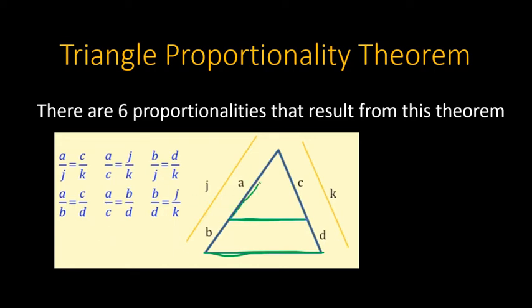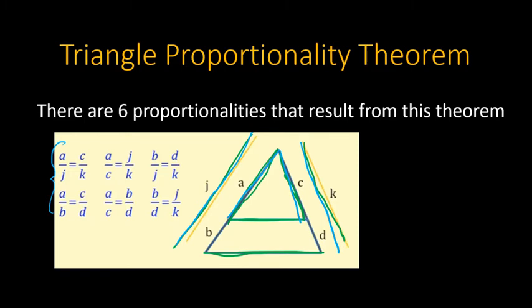We could say that if you take A, this length, and divide it by J, that should give you the same measure as if you take C and divide it by K. Let me change colors. We'll look at another one. If you compare A over C, you should get the same proportion as J over K. All right, so we've got all of these. And basically it's just about balancing it.